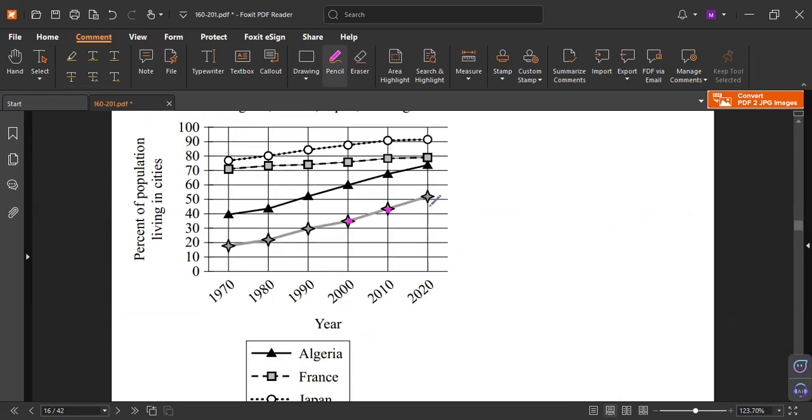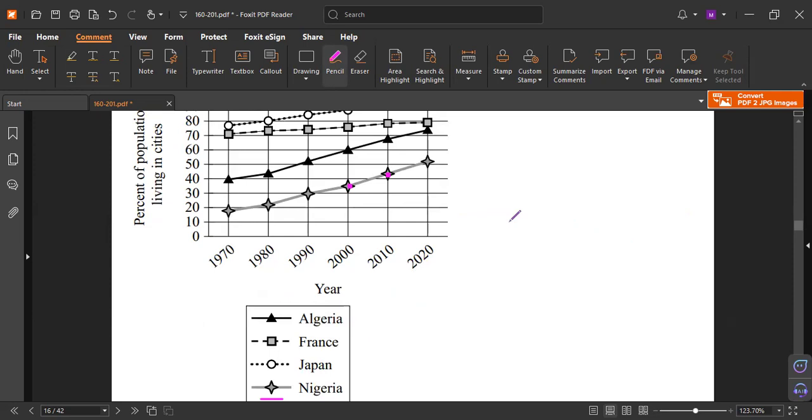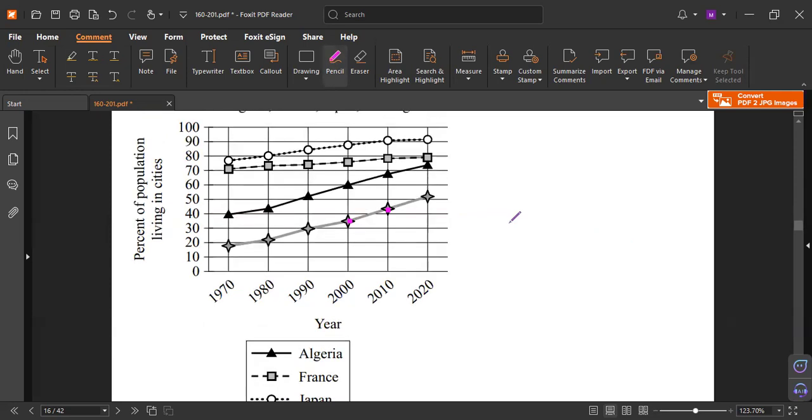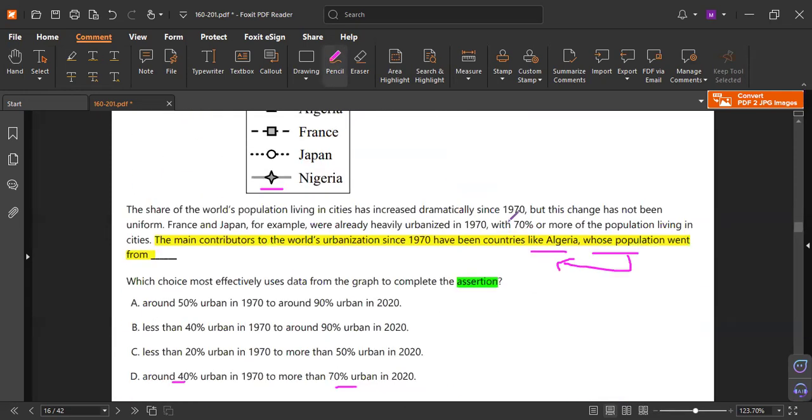Yeah, and this could be. Yes or no? Yes. So letter D, it is correct. What is next?